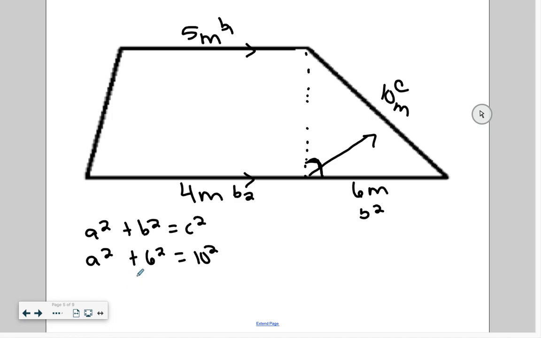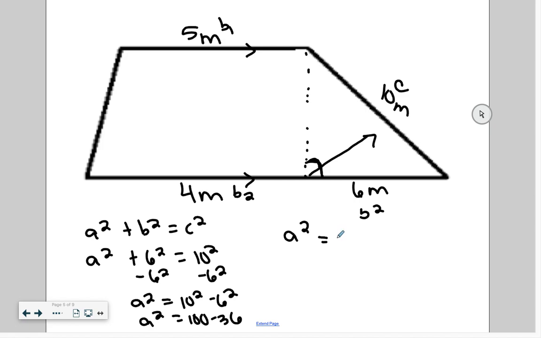We're solving for A, so I need to move this 6 squared to my other side, which leaves A squared is equal to 10 squared minus 6 squared. 10 squared is 100, and 6 squared is 36.